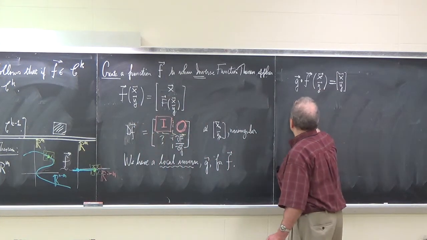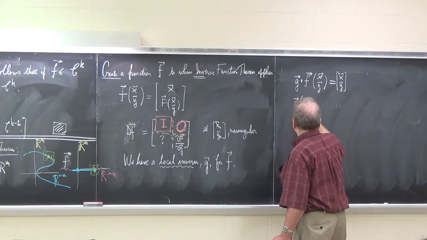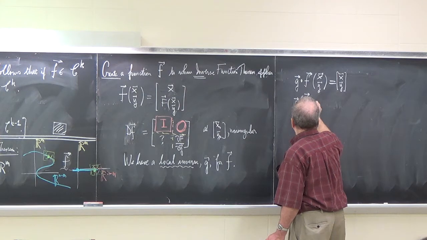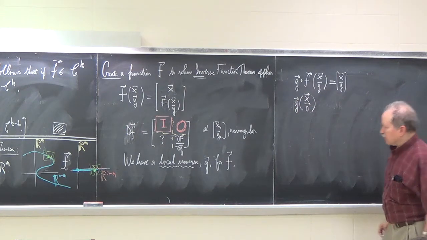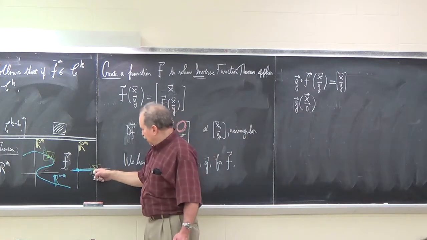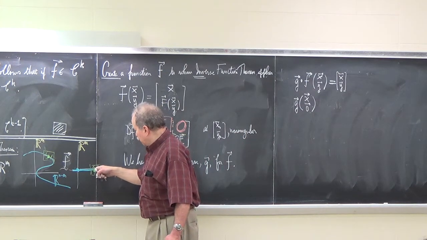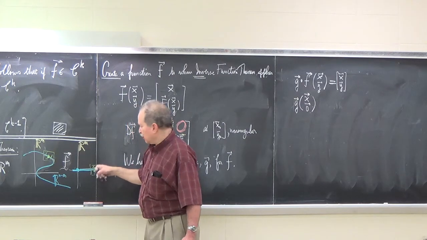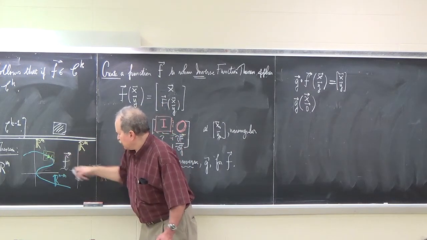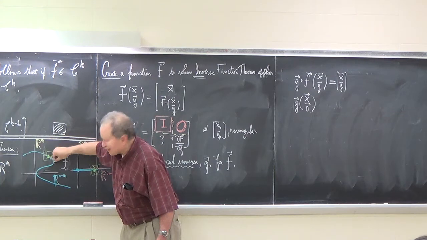So let's do g of x comma 0. What does that give me? If I start at a point x here, plug in the y coordinate 0, and do g of it, I bet it's going to take me back to this.